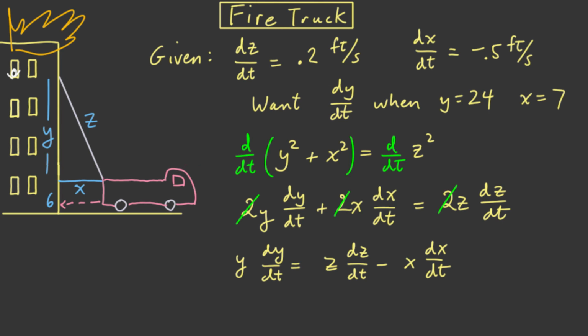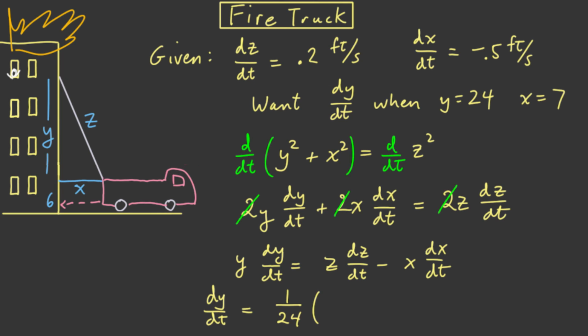All right, now all that's left to do is to plug in and solve. We want dy dt, so I need to divide. I'm going to put 1 over y on the right, but y we're saying is 24, so we've got 1 over 24. And then we're multiplying by what's remaining on the right.